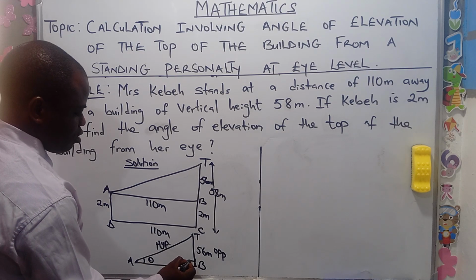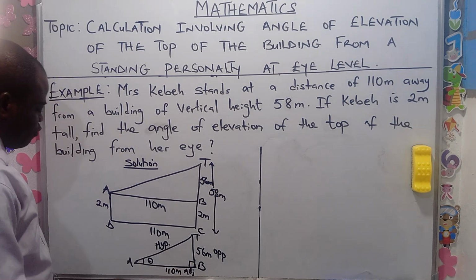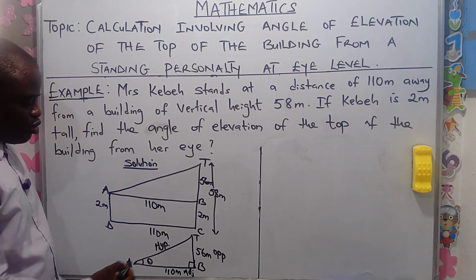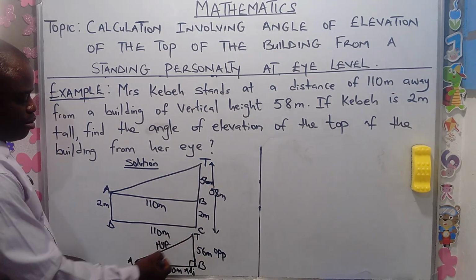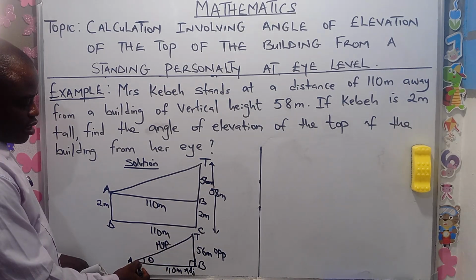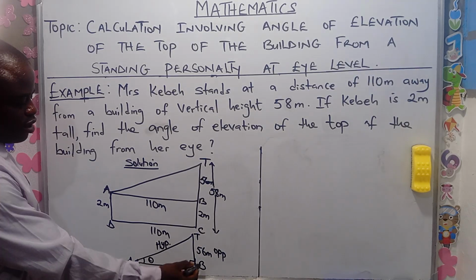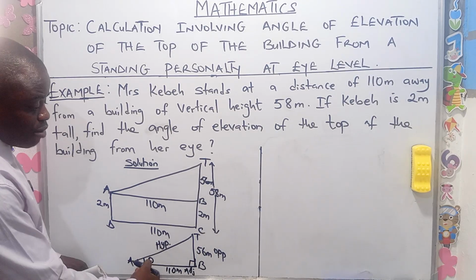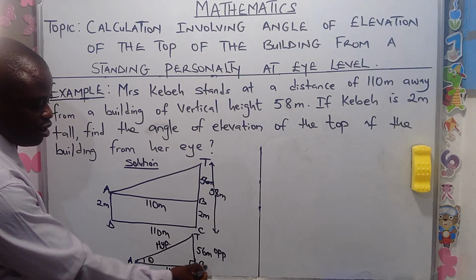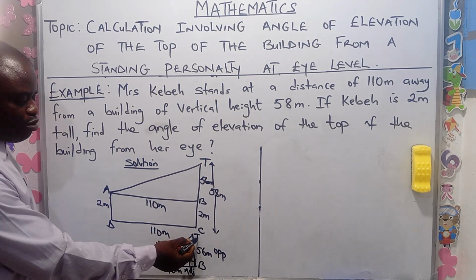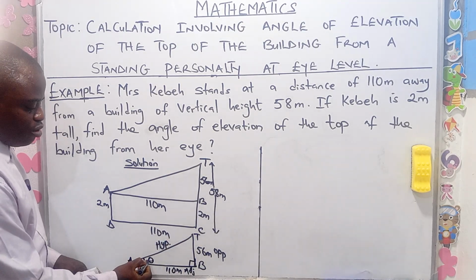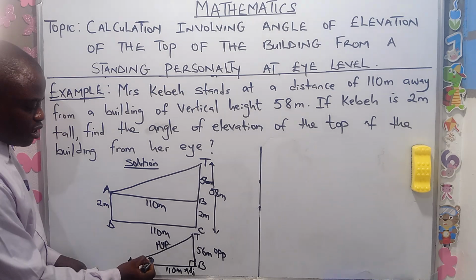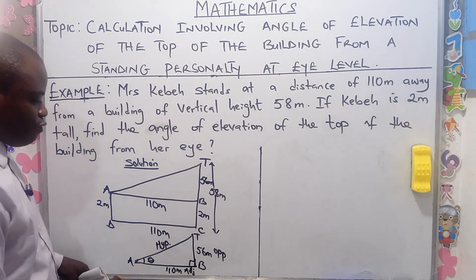This is a right-angled triangle. We're looking for the angle at which Mrs. Kebeh looks up from a normal eyesight level, which is line AB. But when it's time to look at the top of the building, she looks at it at angle theta. It is that angle theta we are looking for.